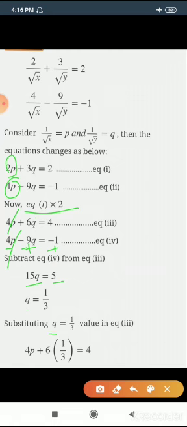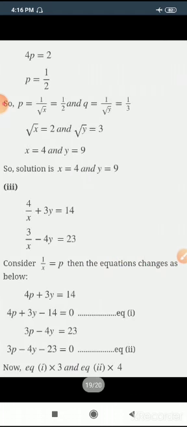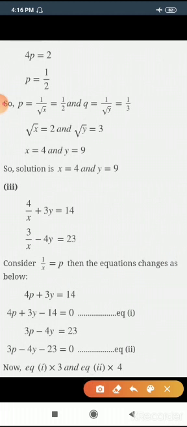By substituting q is equal to 1 by 3 in the third equation, 4p plus 6 into 1 by 3 is equal to 4. From that, 4p is equal to 2. p is equal to 1 by 2. So we got the values of p and q both. But we considered p as 1 by root x, that is equal to 1 by 2. So from this, by cross multiplication, root x is equal to 2.